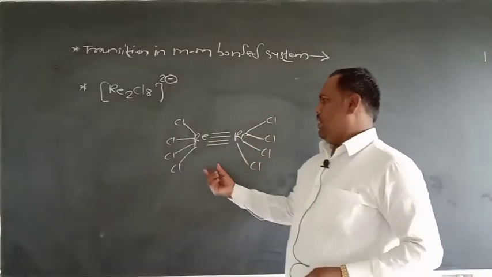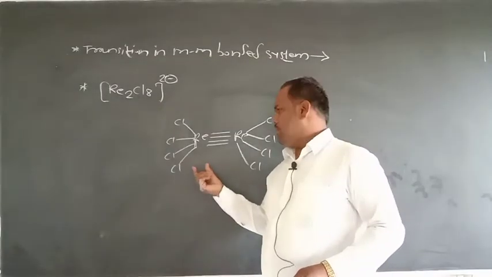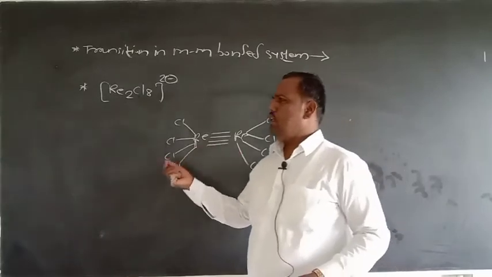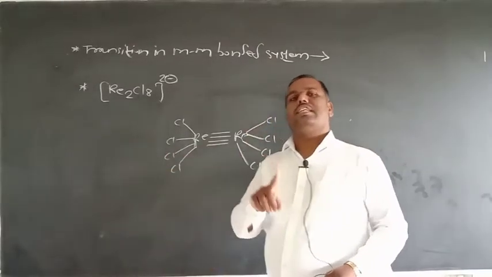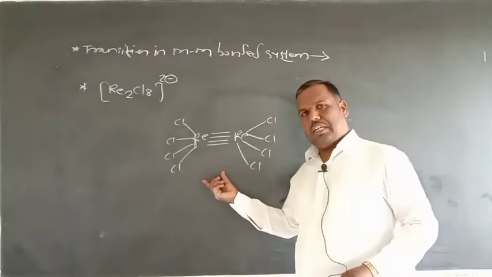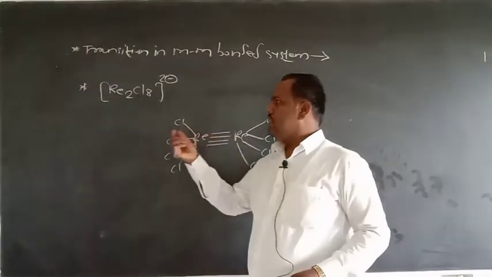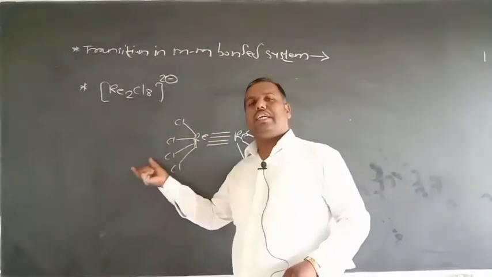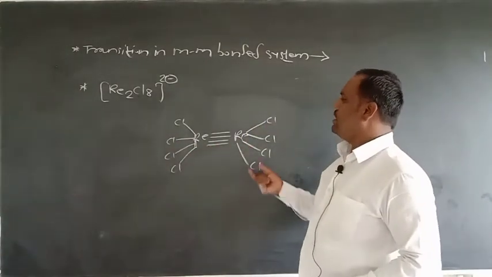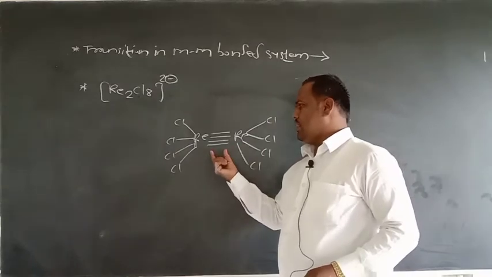So there are 4 metal-metal bonds between these two rhenium atoms. So this is the example of case second, in which the dx square minus y square orbital is not involved in the formation of the delta bond. Instead, it will be involved in the bonding with the ligands which are attached to the metal atom. So this is the example of Re2Cl8 in which the bond order is equal to 4.